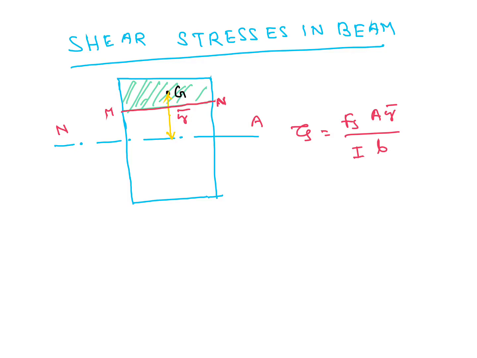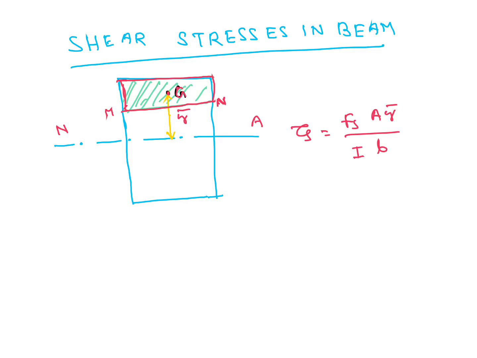You have to, they will give, don't worry. Y bar is distance of CG of shaded area. CG is the G point. For this shaded area, G is the CG point, and from neutral axis the distance is y bar.